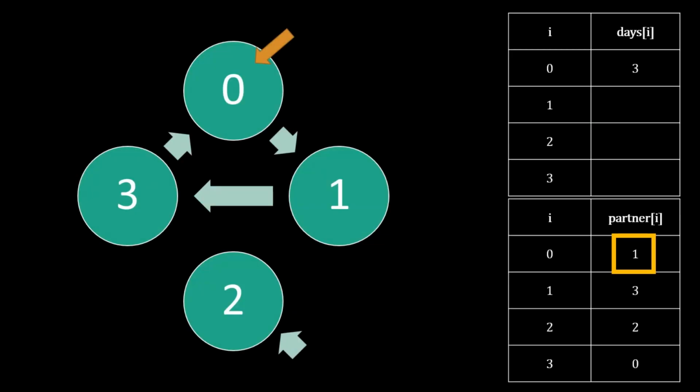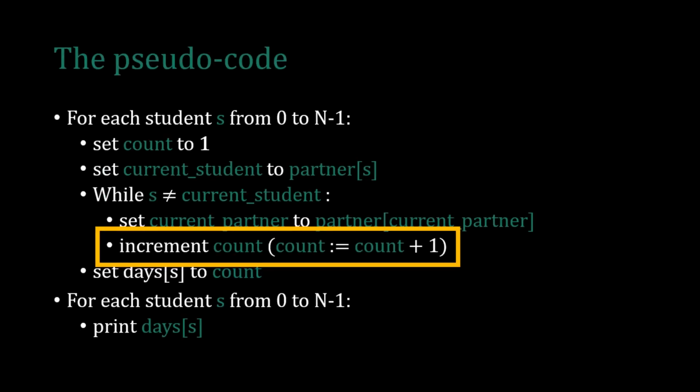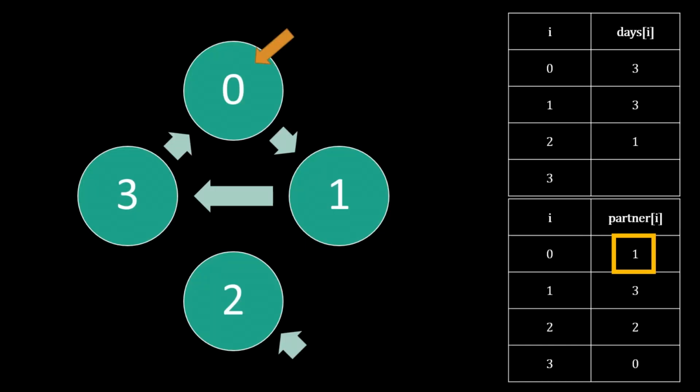So we set 3, then we do the same thing for 1, we got 3. Then if we do it for 2, current student will be equal to 2 itself, so the while condition won't be called, then we will just get the count, which is already equal to 1, so it's 1, and it's the same thing for 3.